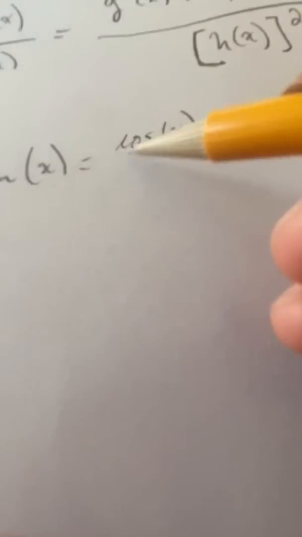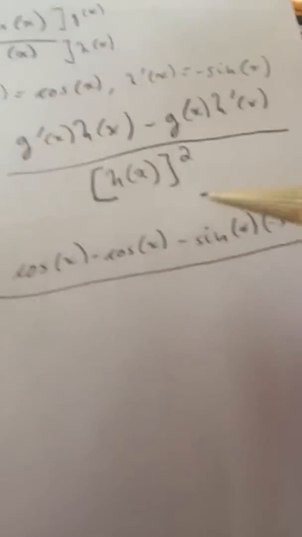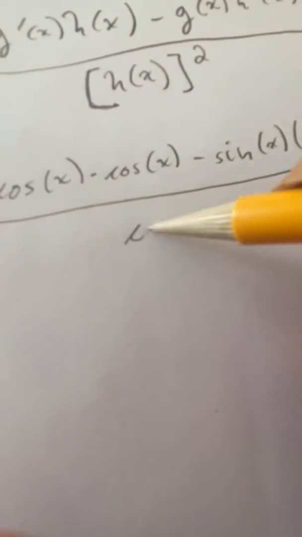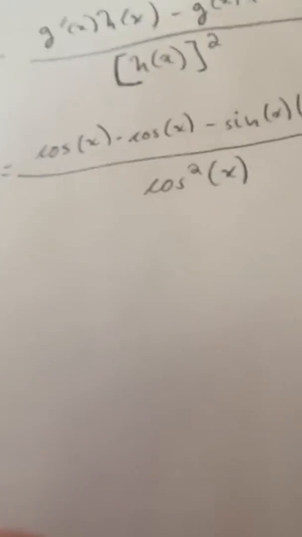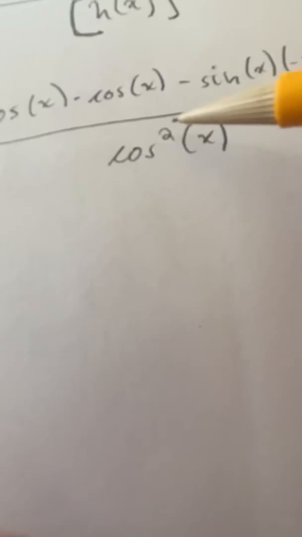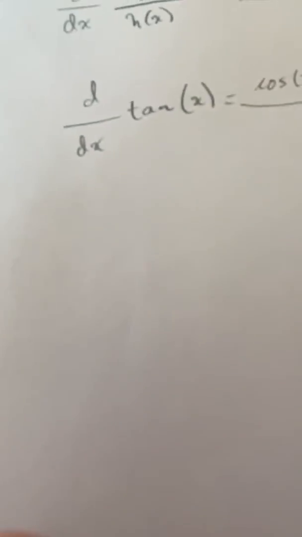Okay, so minus sine x. And then that's going to be all over h squared. So that's going to be cosine squared x. Just remember that cosine squared x can also be written as cosine x squared. There's no difference. It's just a typographical difference.